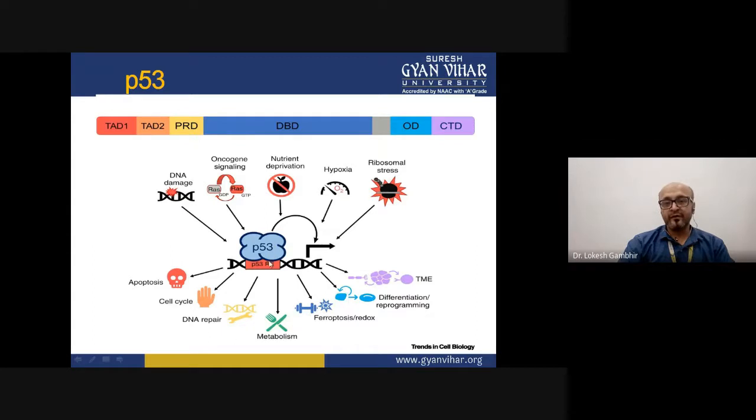It is known to be involved in activating the pathways of DNA repair, in normal cellular metabolism, and in maintaining the redox equilibrium, the cellular redox homeostasis. It is known to play a very crucial role. Then whether we are talking about any kind of reprogramming or differentiation or response of tumor microenvironment, this P53 molecule is a very key transcription factor which is known to play diversified or pleiotropic roles inside a cell.